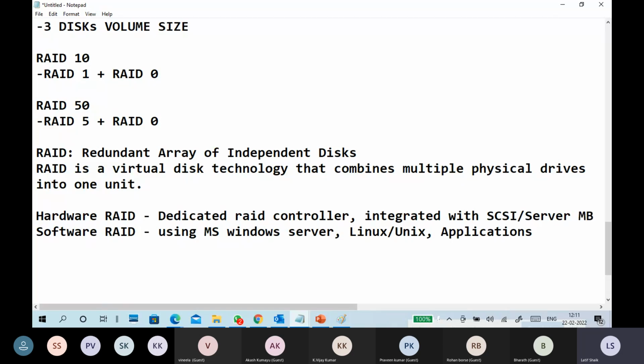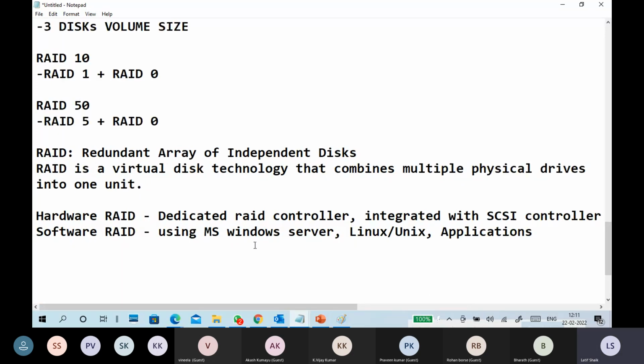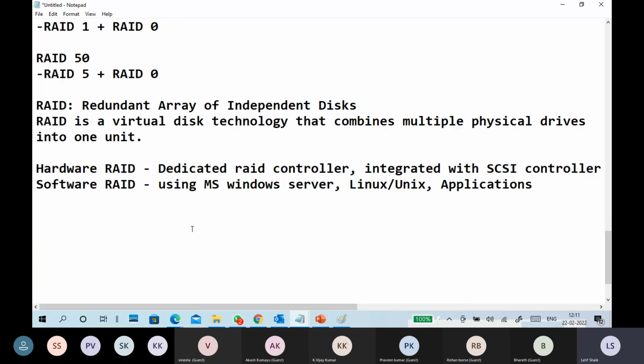Sometimes it is integrated with your SCSI controllers or server motherboards also. So dedicated RAID controllers are there.